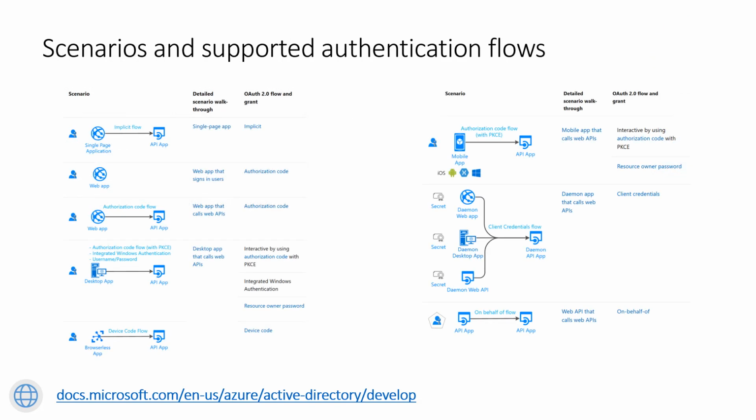With reference to the Microsoft Identity Platform, there are many different scenarios supported and many different supported authentication flows. We can, for instance, use Microsoft Identity Platform and Microsoft Authentication Library to secure access from a single page application like Angular to the web API that is written in ASP.NET Core.